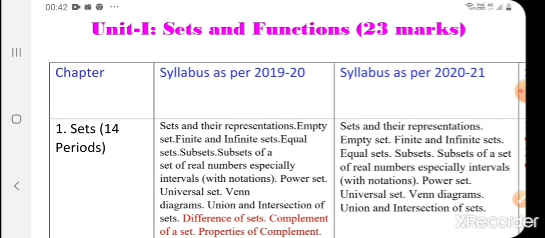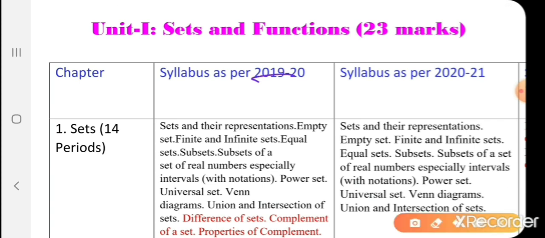Now we discuss in detail the syllabus, what is in 2020-21 and what was excluded from the previous year, 2019-20. In the first unit, sets and functions, the first chapter is sets.